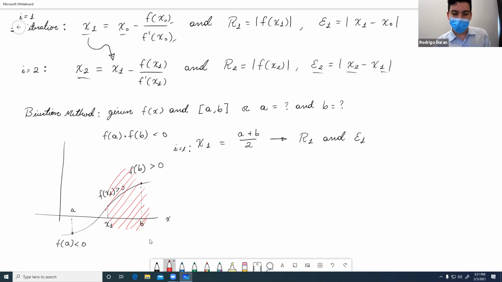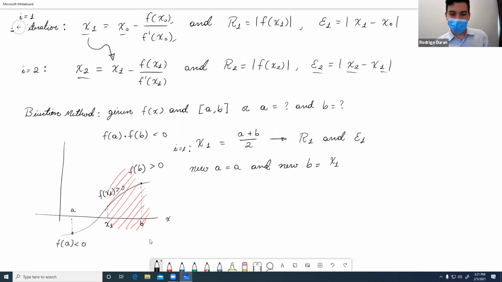So now what I do is I say, okay, my new A, and you can either write it or just say it. My new A is going to be equal to A because I'm keeping the left end the same. And my new B is going to be equal to what? Yeah, it's going to be equal to x of 1. Because now I'm using this area.